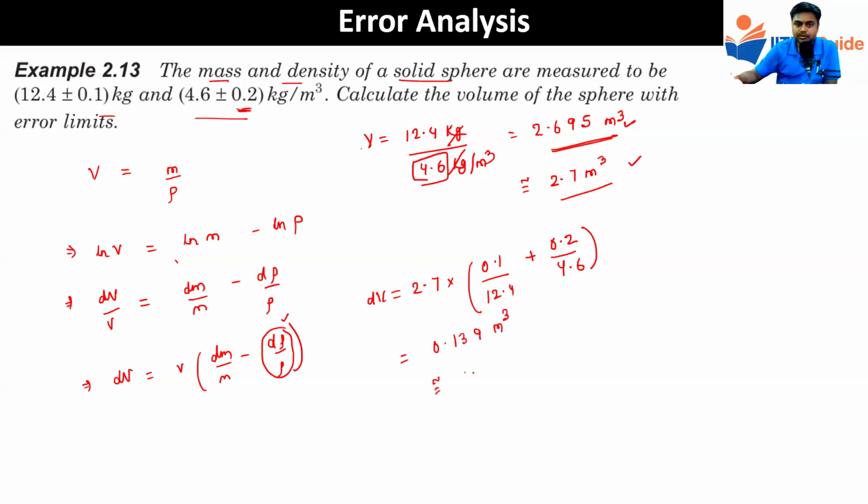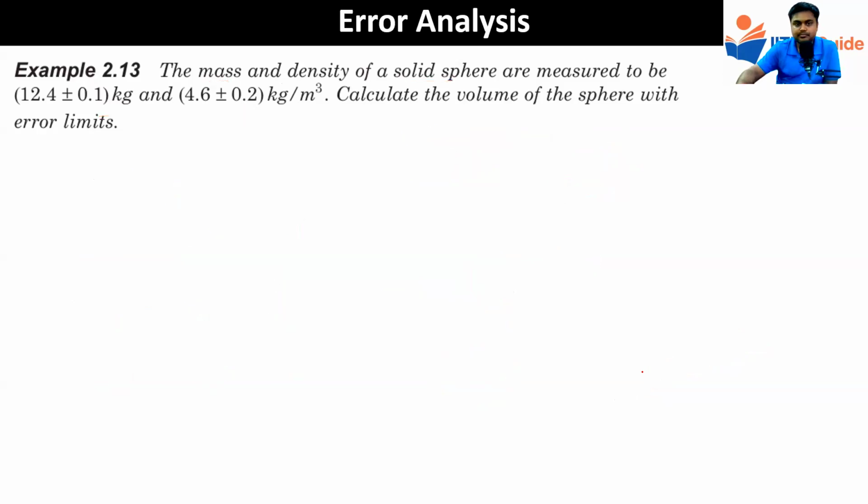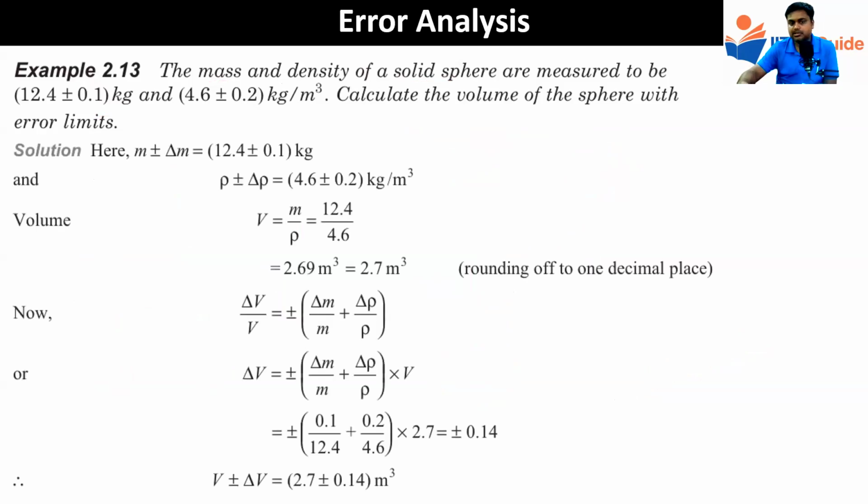So this is 0.14 meter cube. Therefore it's going to be 2.7 plus minus 0.14 meter cube. Is it clear? If yes, please raise your hand. Okay, good. So this is how we'll be calculating the error.